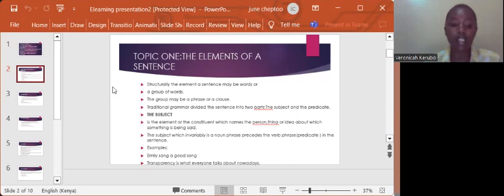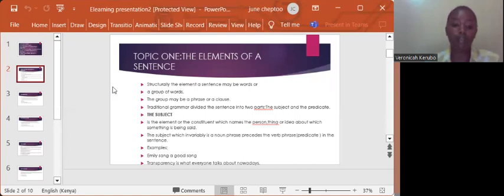The subject is the element or the constituent which names the person, thing, or idea about which something is being said. The subject is invariably a noun phrase which precedes the verb phrase or the predicate in the sentence.